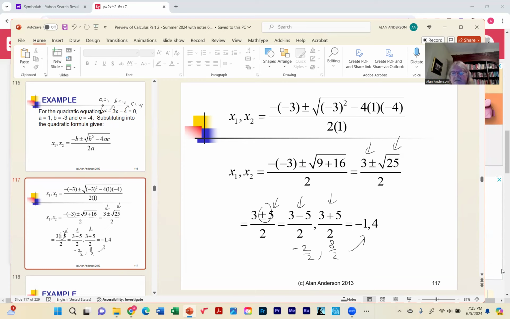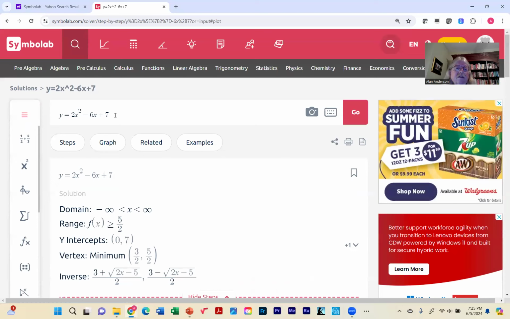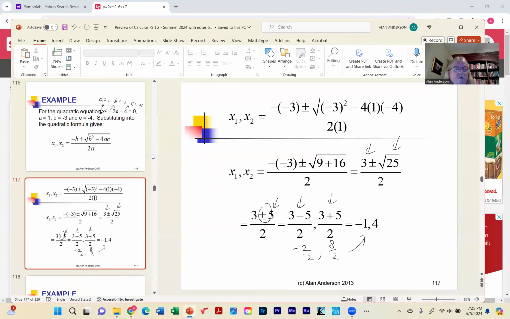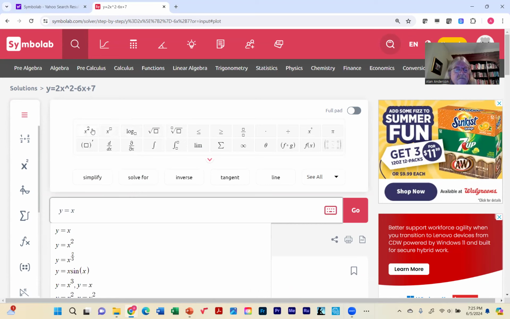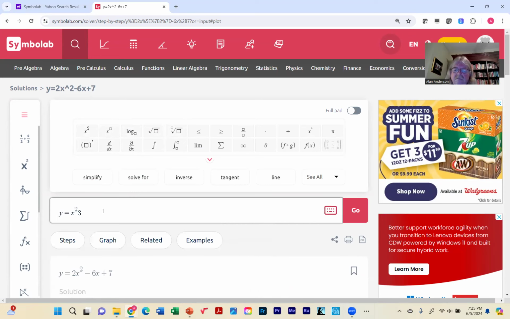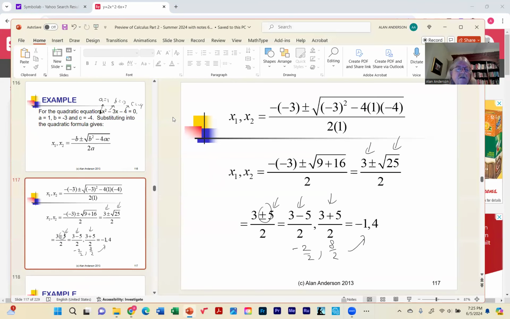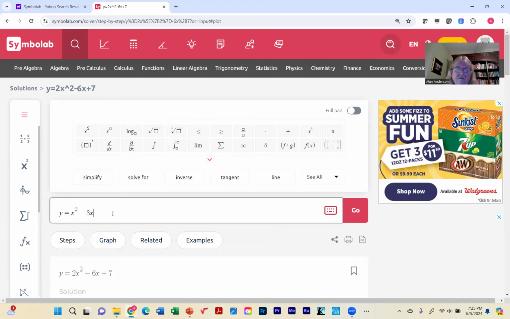So if you plug this into Symbolab, you'll say, oh, I see what you mean, because it's going to identify those points for us. All right, was it x squared minus 3x minus 4? And you'll see it's going to find those points for us.